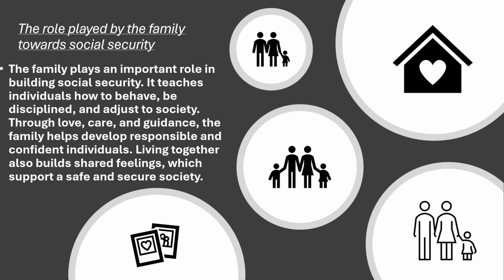I do not know how that works, but anyway, the family teaches individuals how to behave, be disciplined, and adjust to society through love, care, and guidance, and helps to develop responsible and confident individuals. Living together also builds shared feelings, which supports a safe and secure society.